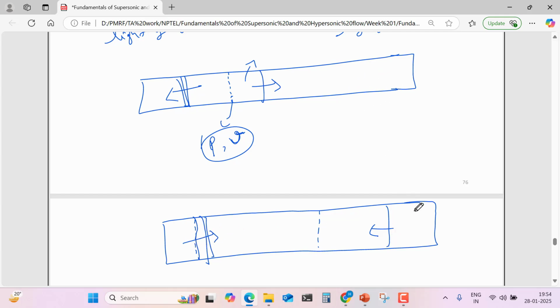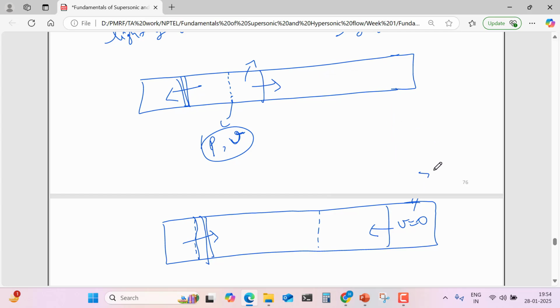Due to this reflection, and there is a wall, here velocity will become 0, and due to this moving shock, here pressure and temperature will once again increase. So this stagnation gas will be at very high pressure and temperature, and this is the concept of the reflected shock tube.